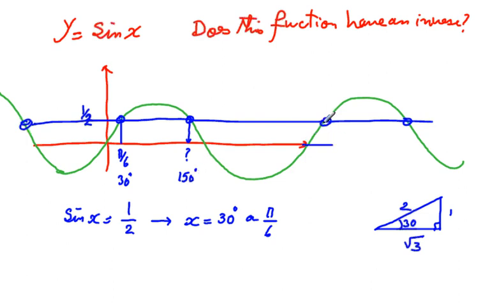How about this guy? Who's that? It's like I have gone through one circle and then 30 degrees more. So how many degrees is this one? 390. That is, you take these answers that you know about, you add 360 to them, you get more.